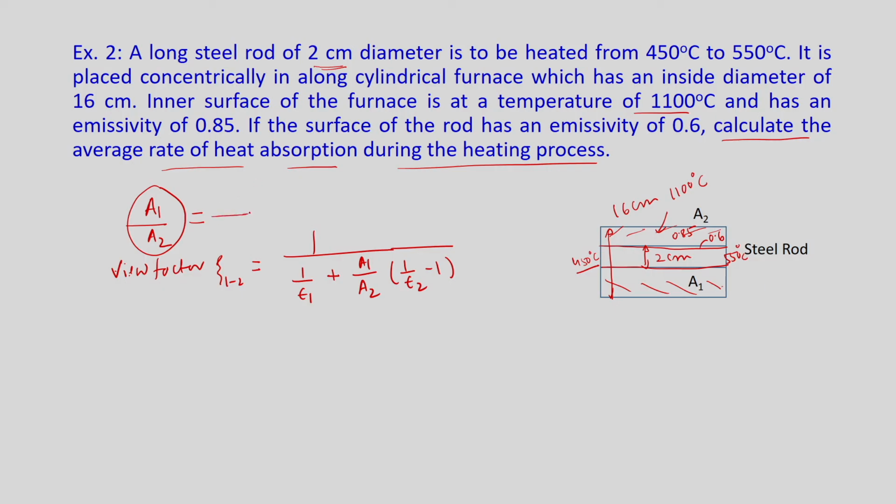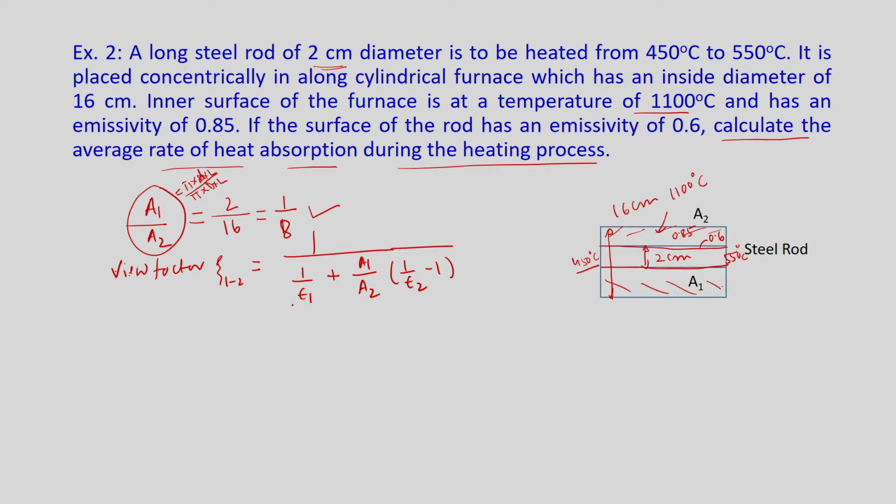Finally we will have 2 by 16, that is pi d l over pi D L, which is 1 by 8. Per unit length we need to consider, and here small d is the rod diameter, capital D is the furnace diameter, and L is the length. That way you can calculate A1 by A2, which will be 1 by 8.